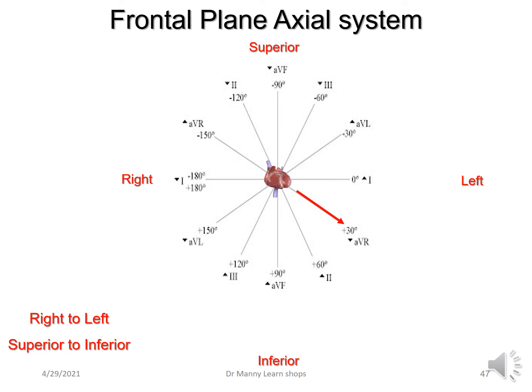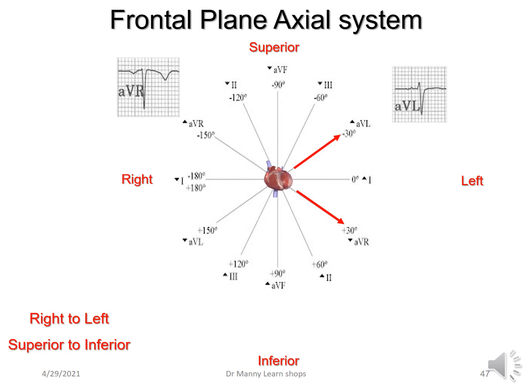If we look at AVR, AVR is primarily going away from the electrode. So we see AVR always, under normal circumstances in an adult, is always negative. Every part of it, the P, QRS complex, T wave, always negative. If it's going to AVL, it'll be biphasic.